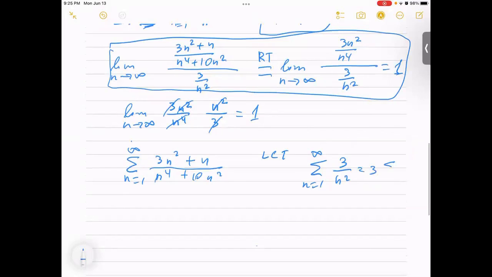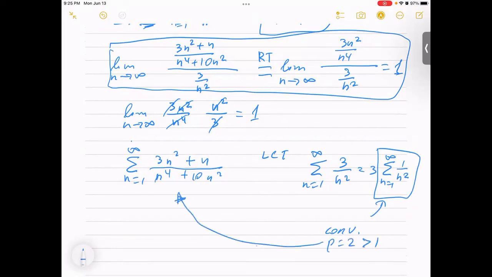We can factor 3 out, so we get 3 times the series of 1 over n squared, from 1 to infinity, and that is convergent because that's a p-series with p bigger than 1. So we turn around and say the original one is convergent by LCT. You remember, if we can limit compare two series, then they do exactly the same, and we can limit compare them because the ratio of terms equals 1.